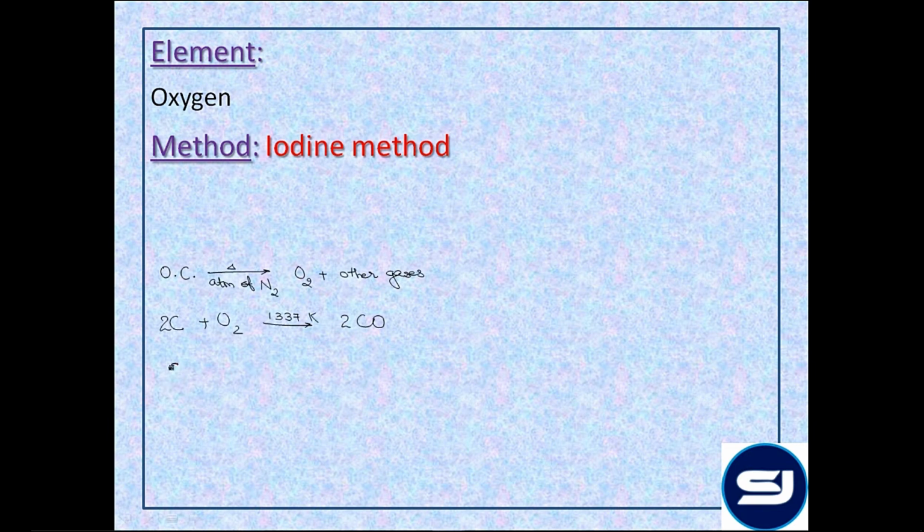Then this carbon monoxide is added with iodine pentoxide, which is a strong oxidizing agent, and here the carbon monoxide oxidizes to carbon dioxide and I2O5 reduces to I2. If I balance the reaction, then 5 moles of carbon monoxide is oxidized with 1 mole of I2O5 to form 5 moles of carbon dioxide and 1 mole of iodine.